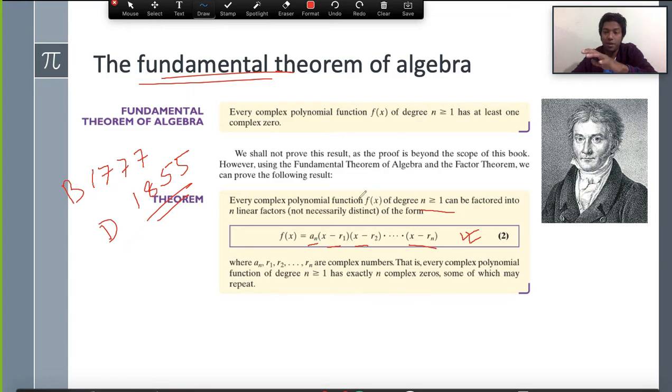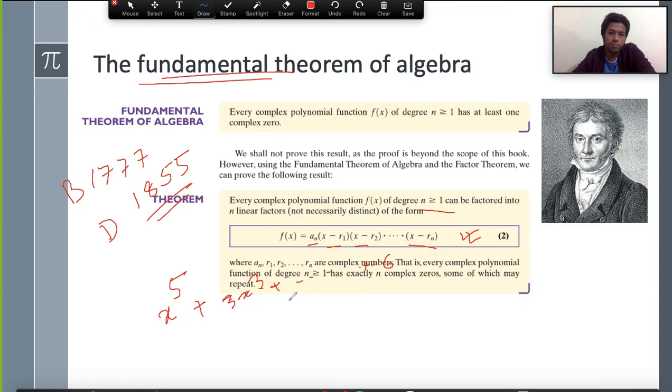Let me tell you in simple words what all this means. Suppose you have a polynomial function of x to the power 5, plus other terms like 3x cubed, and so on, and then some constant number, let's say 6.